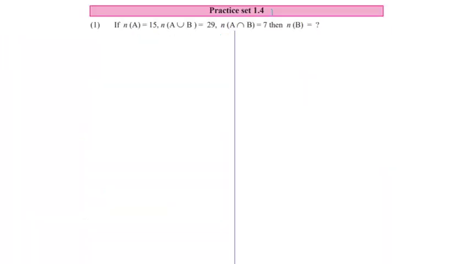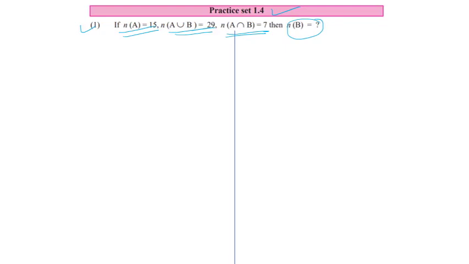Let's start practice set 1.4. Now see the first example. What is given? n of A is 15, n of A union B equals 29, n of A intersection B equals 7, and you have to find n of B. To solve this example, what do we have to do?